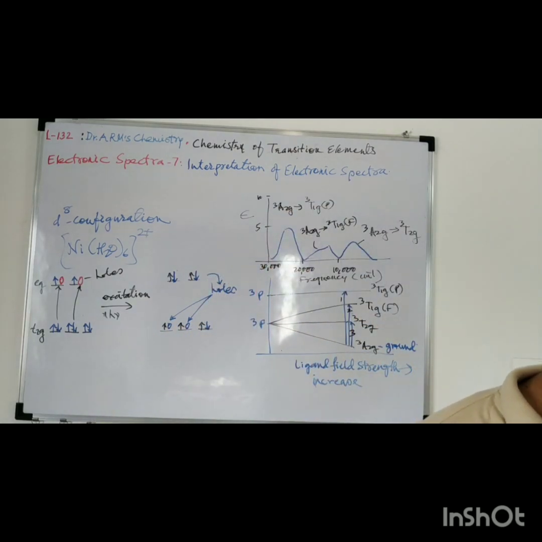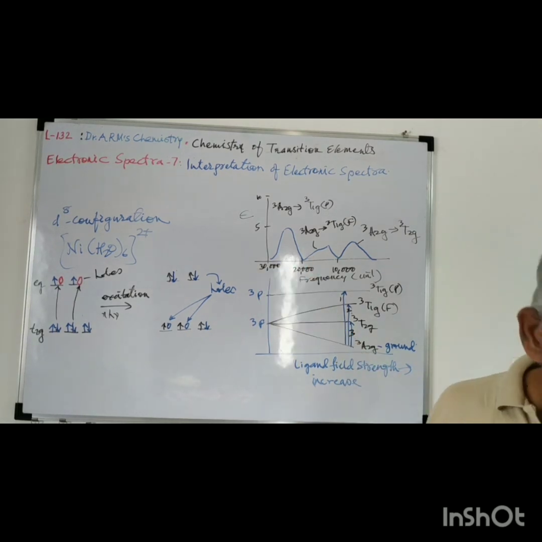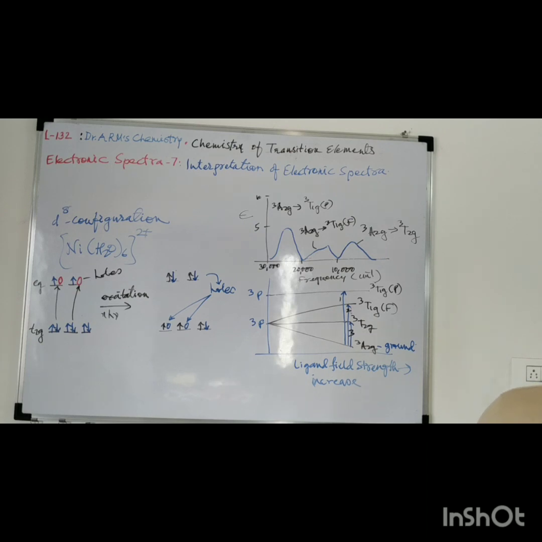So in this way we can explain this D8 configuration. So we will stop our discussion about these various states, and we will see the next part of this electronic spectra in the next lecture.